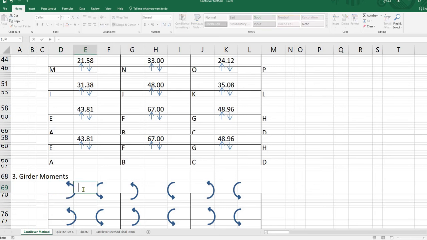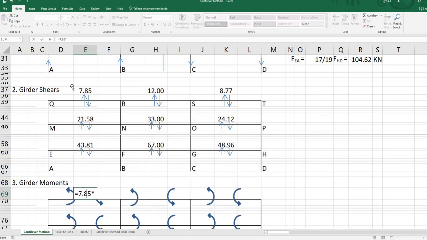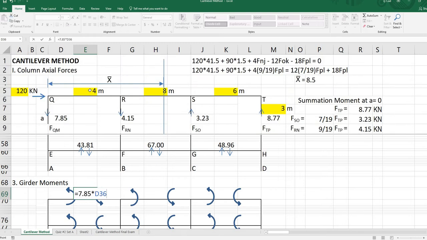This is equal to yung girder shear, 7.85, or compute muna natin yung number, equal to 7.85 times yung length nito ay 4 divided by 2, or simply 2. Okay? Tapos, ito naman, this is equal to, this is 8 and 6. So, ito na nga lang. This is 4 meters, tapos ito 3 meters.